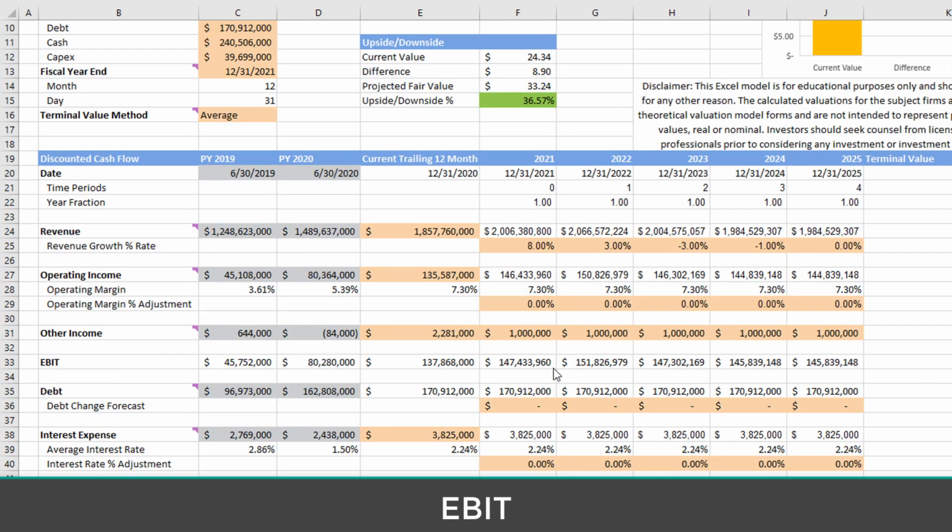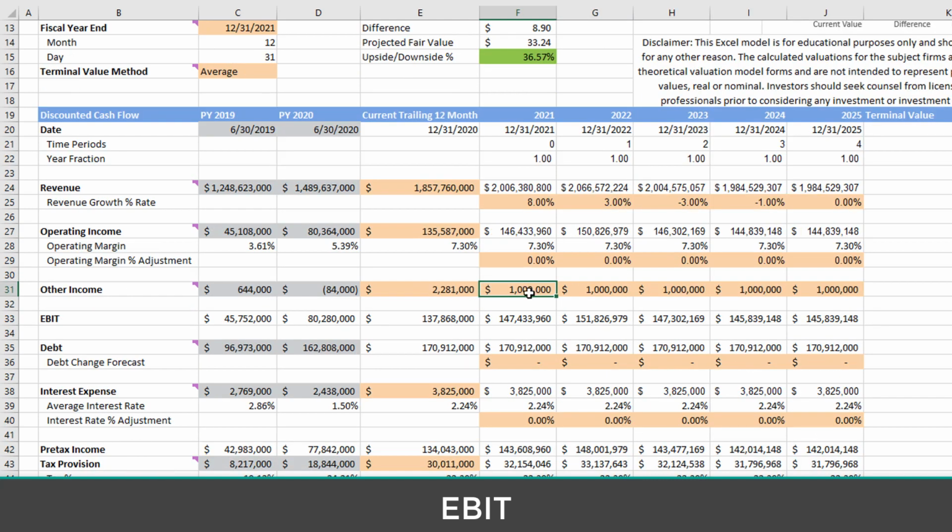Since EBIT is the starting point for free cash flow, how does my model calculate the EBIT? It starts with revenue. So I used, as a starting point, how much I think the revenue is going to grow or decrease over the years, using a percentage to increase or decrease that revenue. Then when it comes to actually how much money is made from that revenue, I look at the historical operating margin and whether or not I think it's going to improve or decrease, and that's how much money they're making off of the revenue that the company's generating.